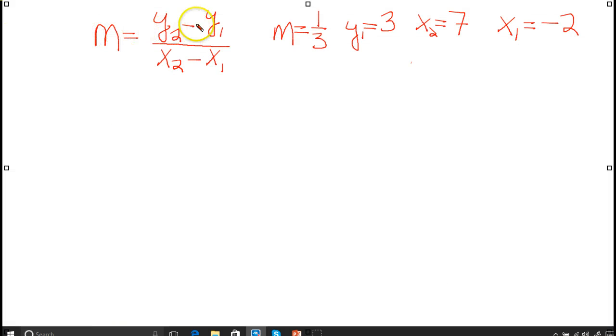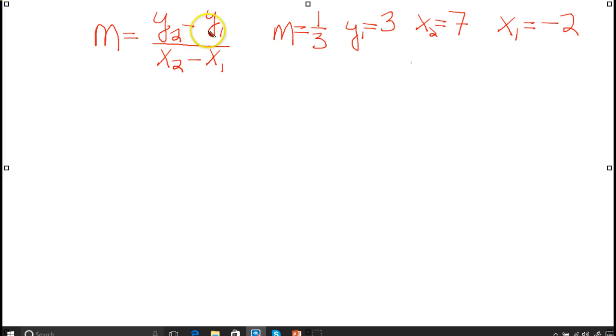We're going to start off with something we'll be doing in chapter 3, which is the slope formula. And we have the value for m as 1/3. The value for y sub 1 right there as 3.